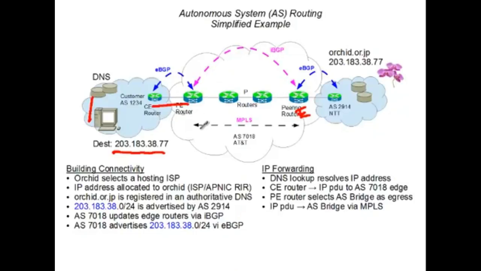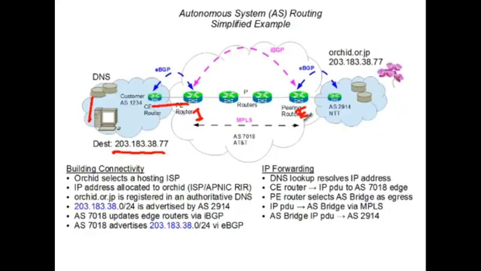I won't get into that here in a great deal, but from an IP viewpoint, the PE router sees the egress router as the next hop. MPLS handles the mechanics of getting the packet from the ingress router, which is here, this is the ingress router, to the egress router.